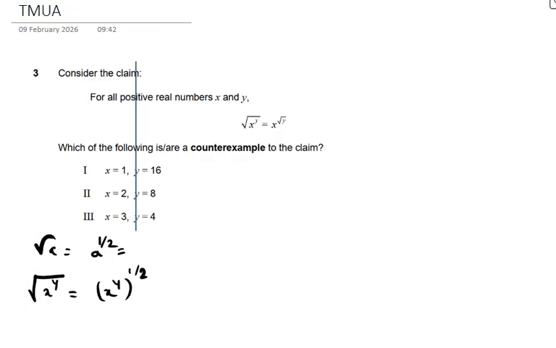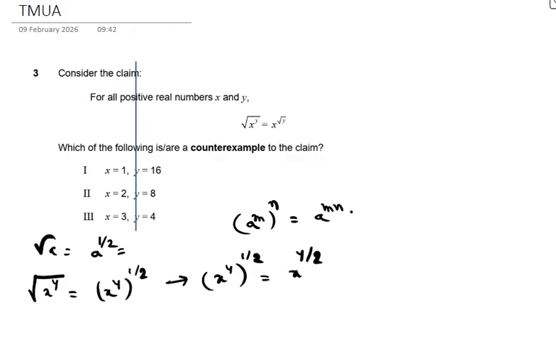Now using the exponent rule, (a to the power m) whole to the power n is equal to a to the power mn, we can write (x to the power y) whole to the power 1/2 as x to the power y/2. Now the claim becomes x to the power y/2 is equal to x to the power root y.